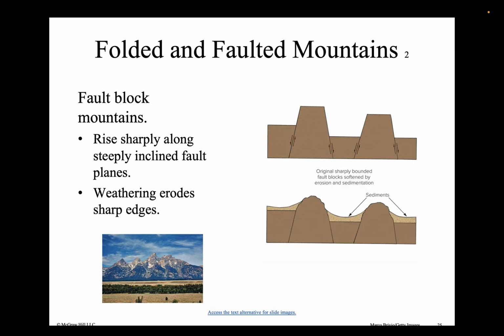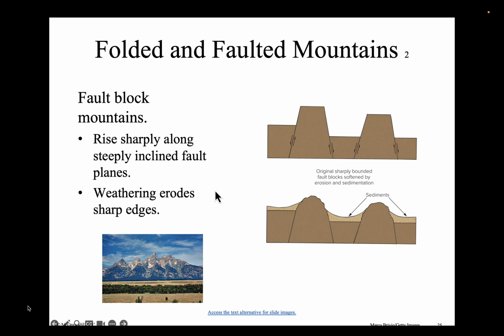We also have the faulted mountains. This is an example of a faulted mountain. I believe this is in Wyoming. That's the Teton Mountains, and I do think it is located in Wyoming.